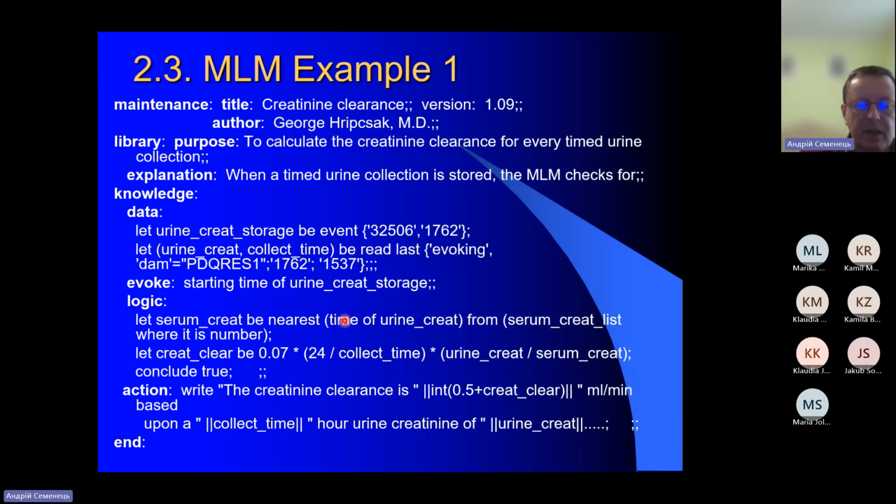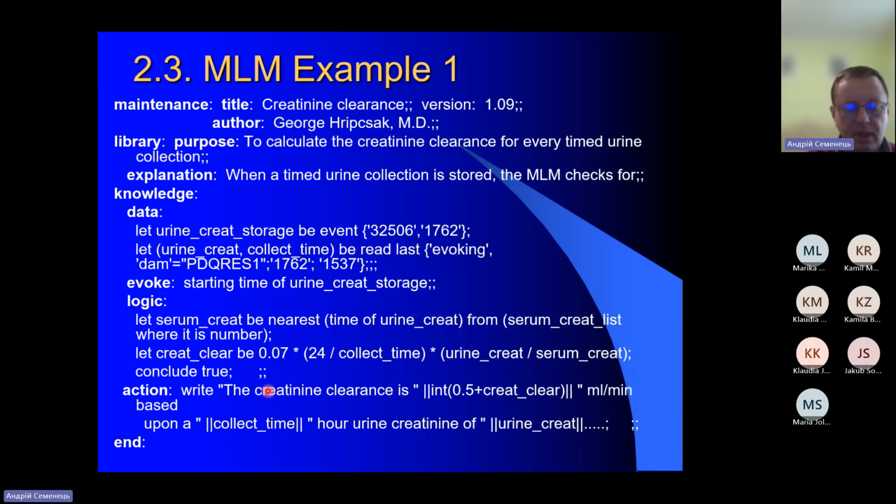Let some given variable be nearest, and from where it is a number, and so on. So it could actually be read and understood even without transforming it into programming code.